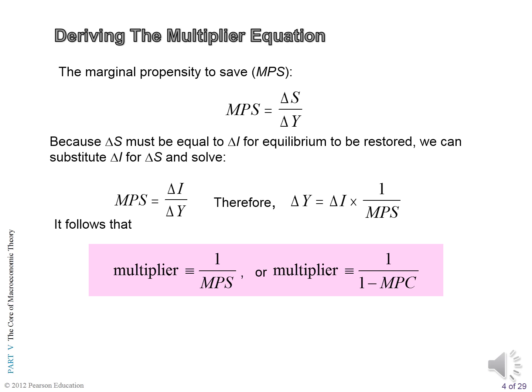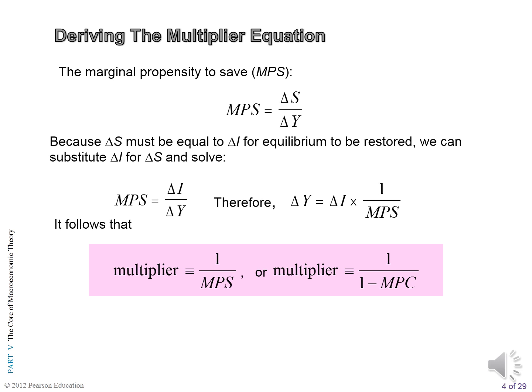I know that the multiplier is delta Y over delta I. So if delta I over delta Y equals marginal propensity to save, then delta Y over delta I equals 1 over marginal propensity to save.